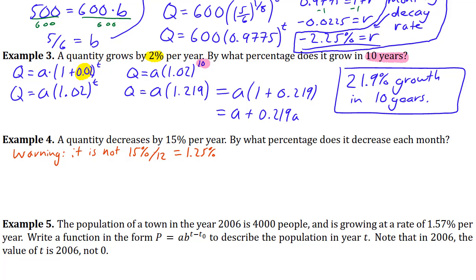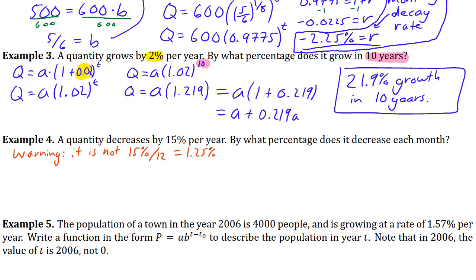It is not going to be 15% divided by 12, because if you're thinking 15% per year and there's 12 months in a year, it's a totally reasonable thing to think that it would be whatever 1/12 of 15% is, which would be 1.25%. But that's not actually quite how it works.